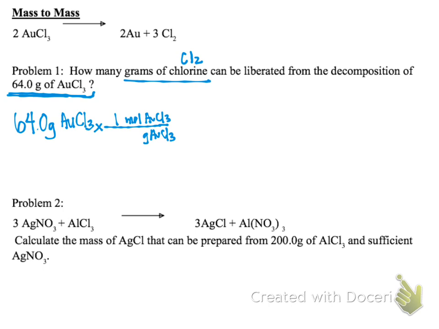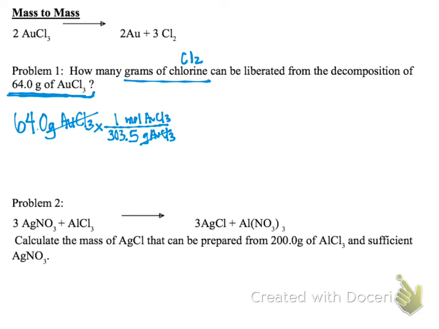Grams AuCl3, you need to find the molar mass, or the mass of that whole compound. So you need to add the mass of 1 Au and 3 Cl's. That mass should be 303.5. Okay, so your units that are diagonal are going to cancel out, grams AuCl3. You're left with moles AuCl3.